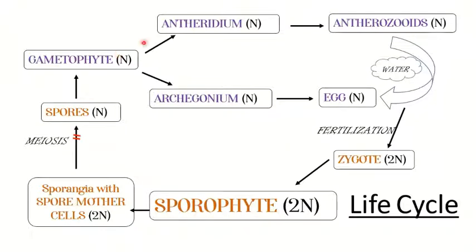The gametophyte has the male sex organ or the antheridium, which will form anthrozoids, and the female sex organ or archegonium, which will bear the egg cell. The anthrozoids are transferred to the egg cell in the archegonium through the agent water. The fertilization occurs and the 2N is restored. Zygote is formed. This zygote will germinate and develop into the sporophyte.